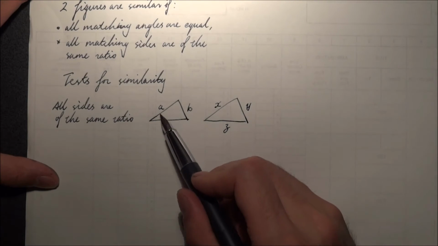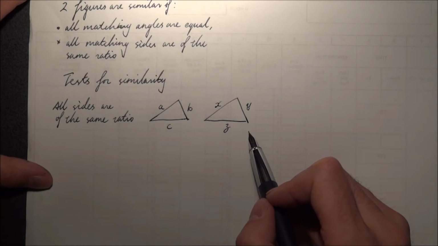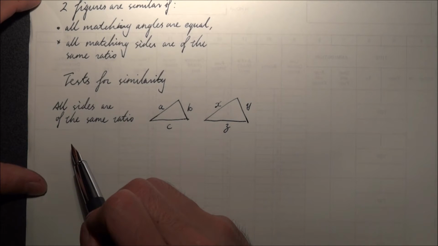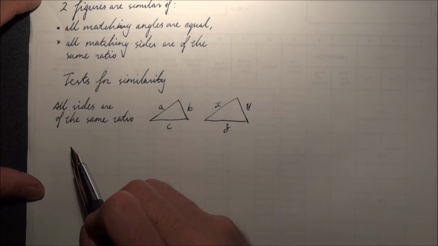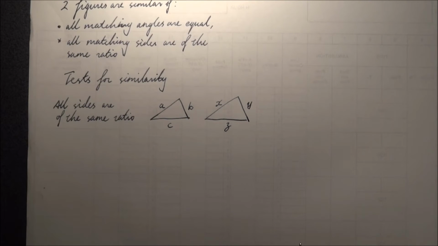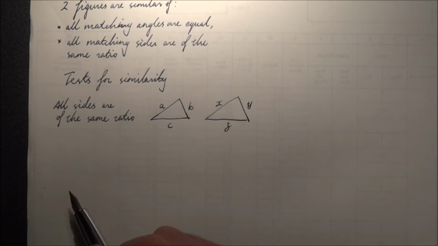So notice we have used lowercase letters for the sides. Remember in this subject, mostly capital letters are for angles and lowercase are for sides. So all matching sides are of the same ratio. What does that mean?